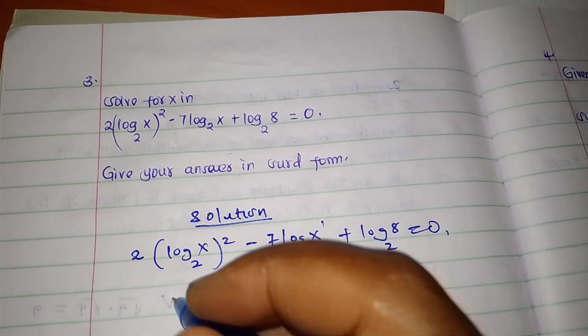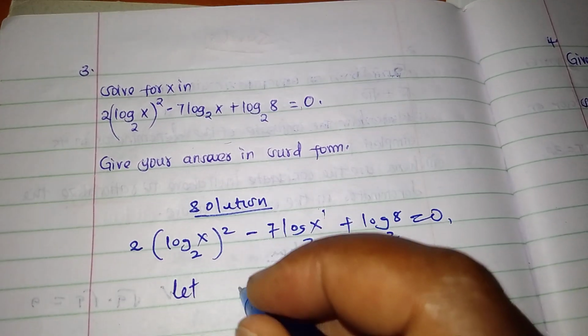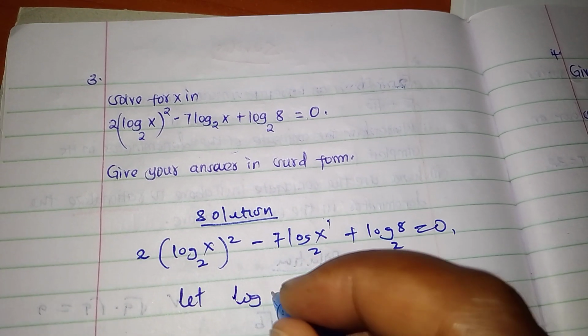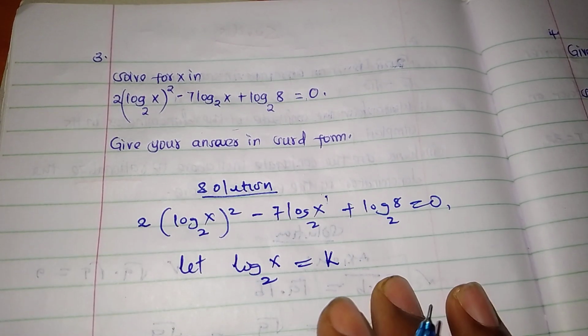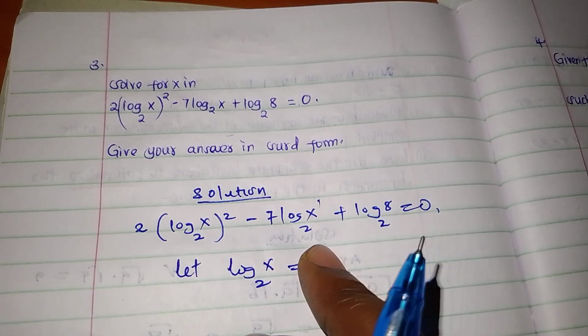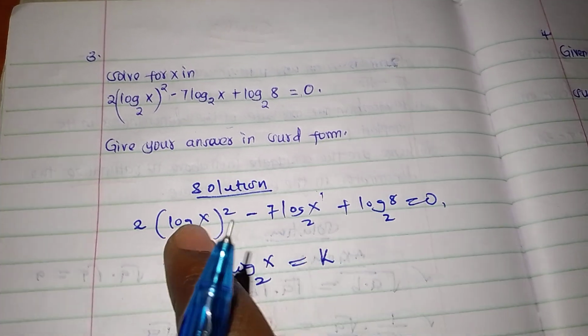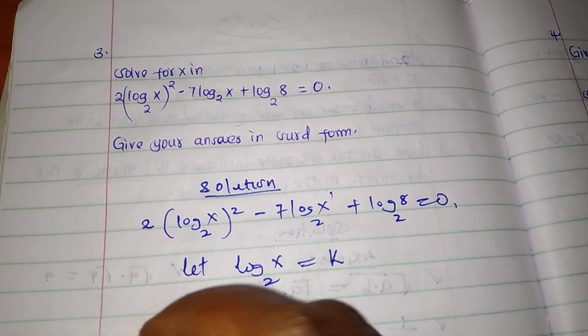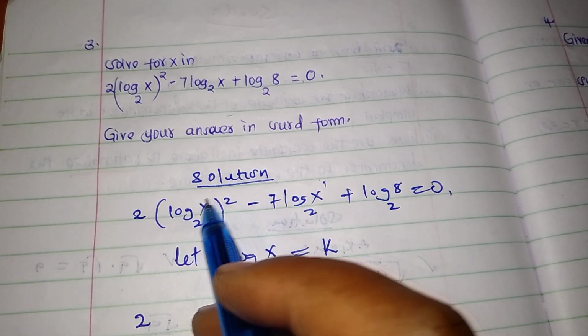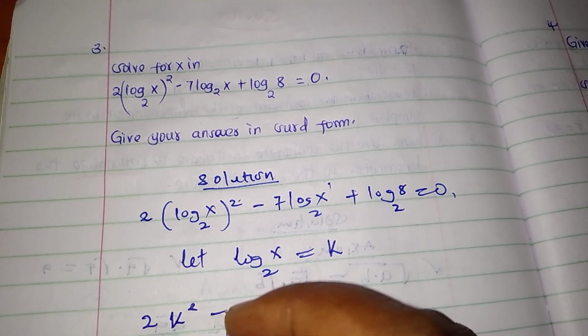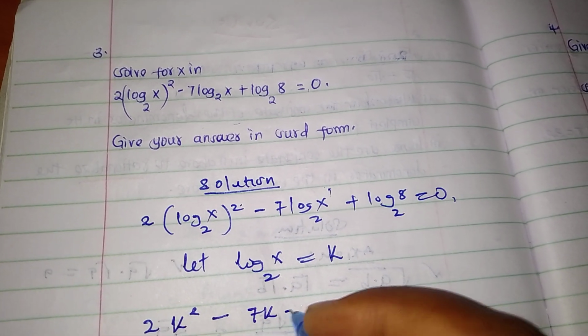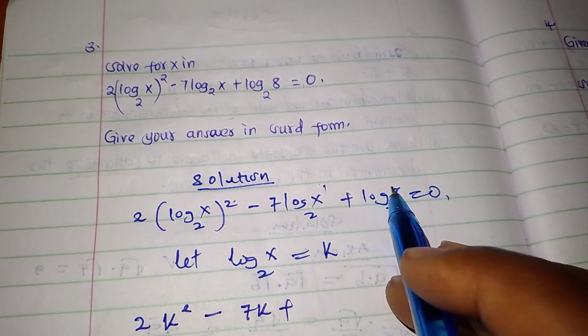So what we are going to do, we are going to let log of x to base 2 be equal to k, just an arbitrary value. So 2 times that quantity, which is k squared, so you have 2k squared minus 7k plus, so look at this for a moment.